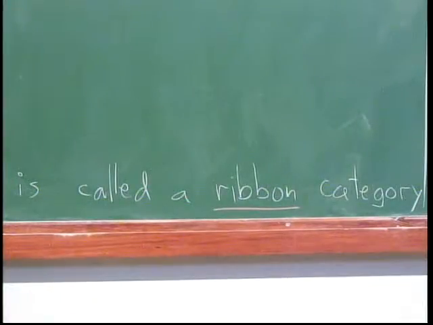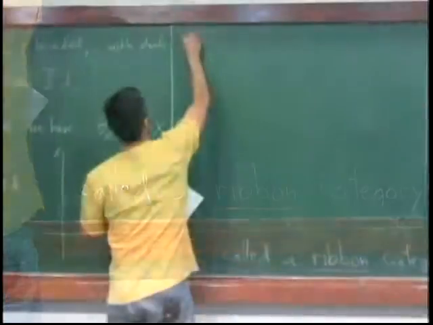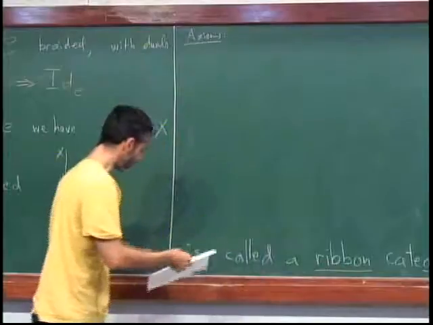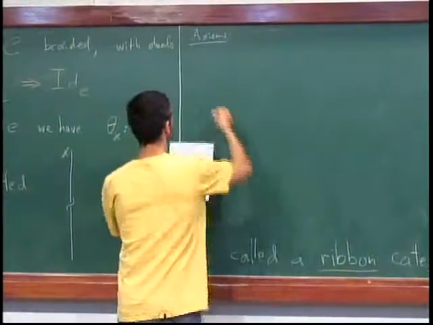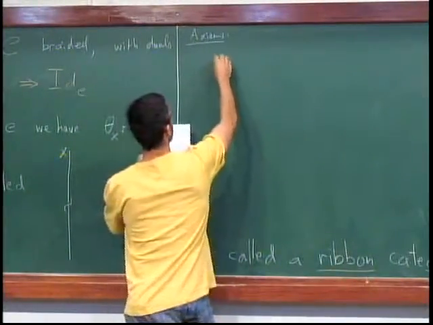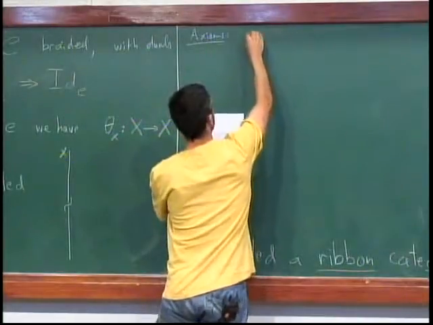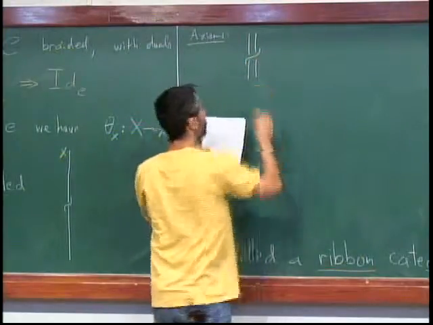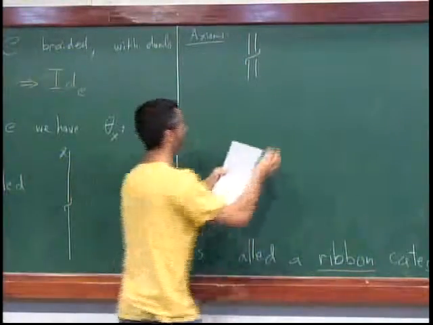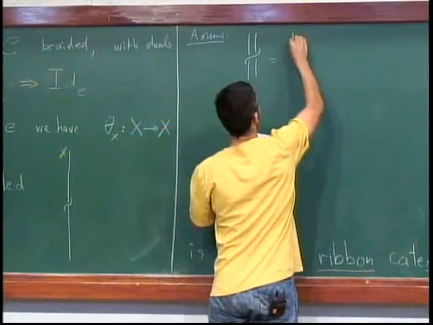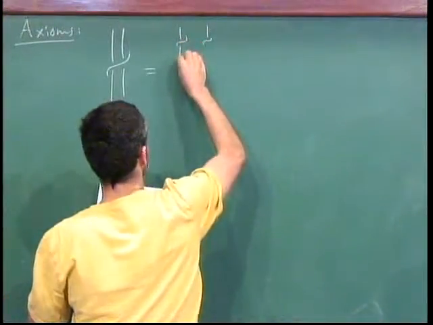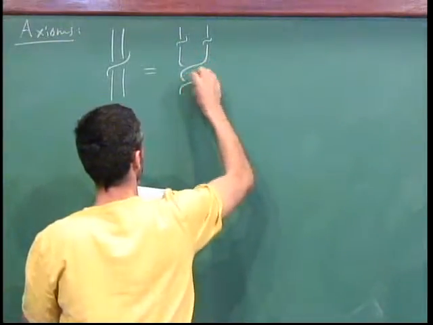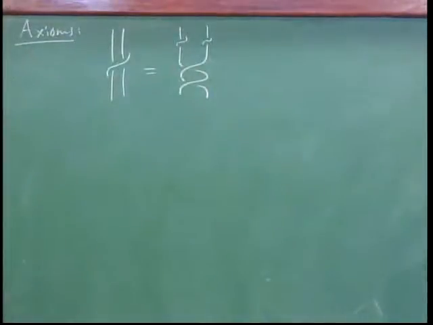So the twist needs to satisfy the following axioms. First one says that if I have two strands and I do the twist on these two simultaneously, that is the same thing as doing the twist on one, the twist on the other, and then a full braiding.